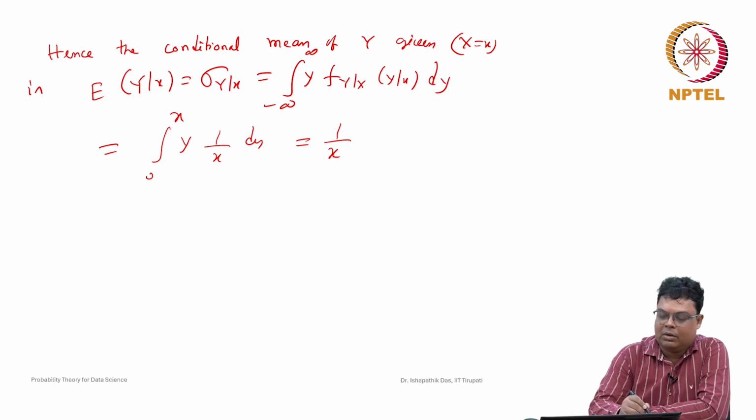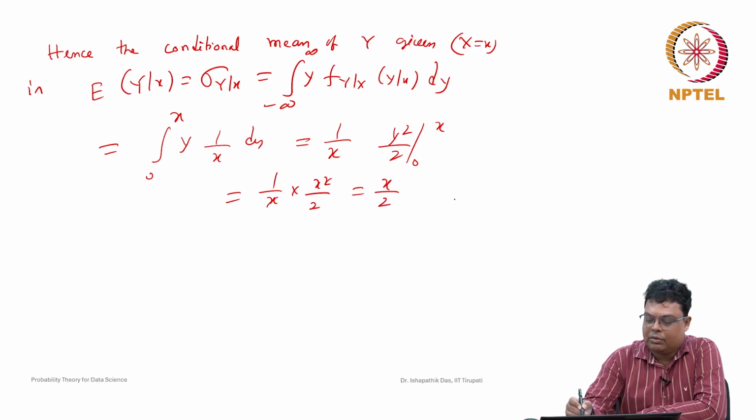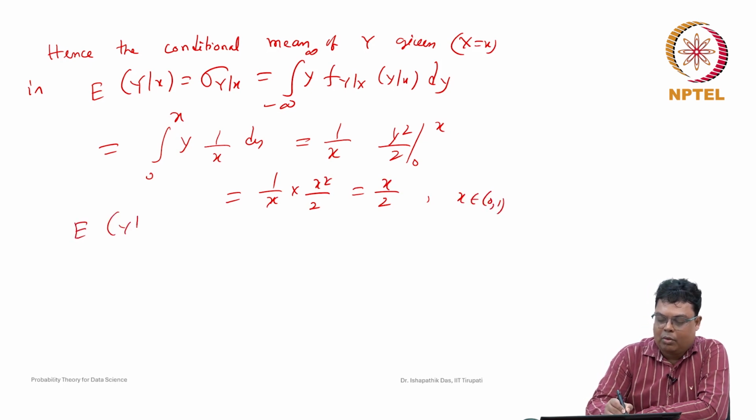Actually x is in the open interval, so x cannot be 0; x is greater than 0. So 1/x times y²/2 with limits 0 to x gives 1/x times x²/2 minus 0, so this cancels and we get x/2 for a particular value in (0, 1). Hence this is the expected value of y given x, denoted as mu_{y|x}, which is nothing but x/2.